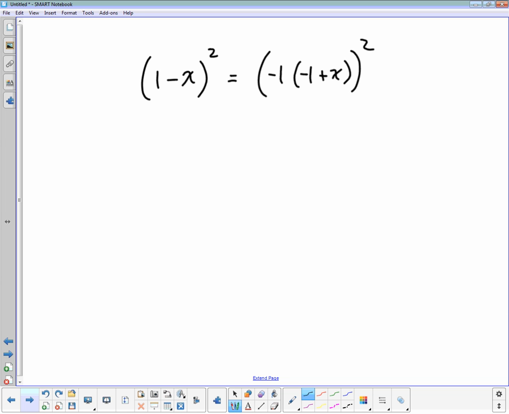Do we all agree with that? If I distributed that -1, I just get back where I started. So all I've done is factor out a negative sign, okay?